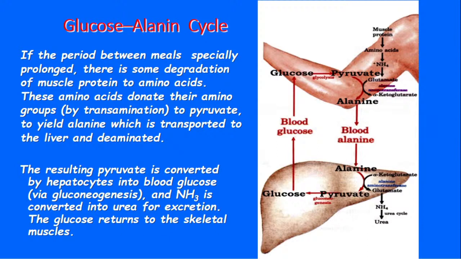About alanine formation in the skeletal muscles. In the period between meals, muscle proteins can be degraded to amino acids. These amino acids can all give their amino group to pyruvate, because pyruvate is formed in skeletal muscles normally during the anaerobic part of oxidation of glucose.